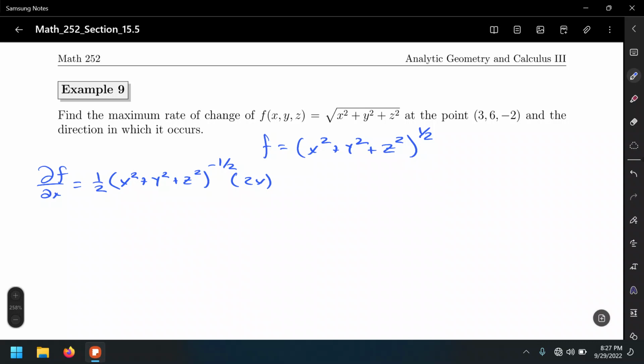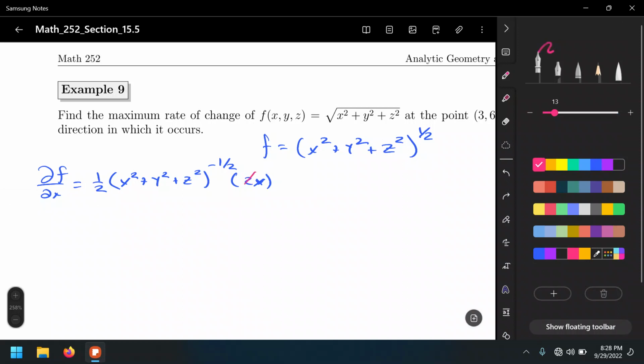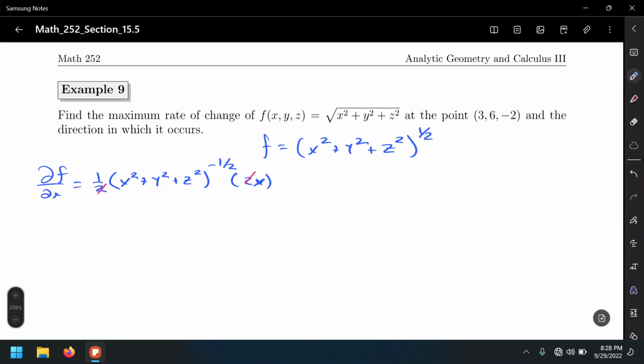Notice how the 2's cancel. And at the same time, how about we write this using radical notation, but in the denominator, because number one, we have a negative exponent. So this will be x over the square root of x squared plus y squared plus z squared. All right, so that's the partial with respect to x.